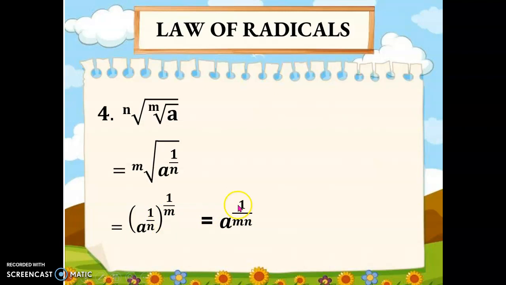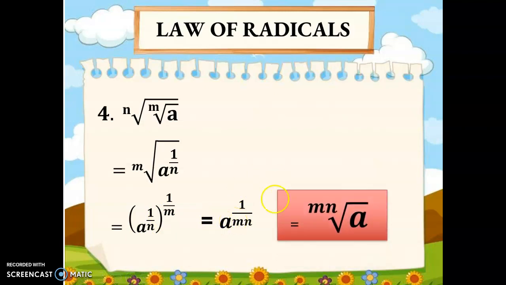So, a raised to 1 over mn. Since a is our base, it stays inside the radical sign, and the index is the product of m and n.